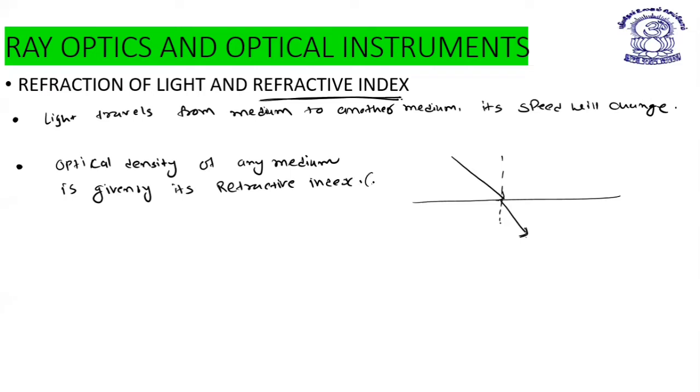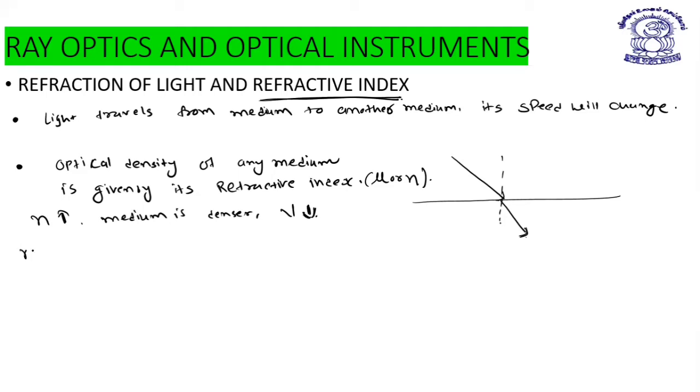It is denoted by mu or n. If refractive index is more, then the medium is denser and the speed of light is lesser in that medium.